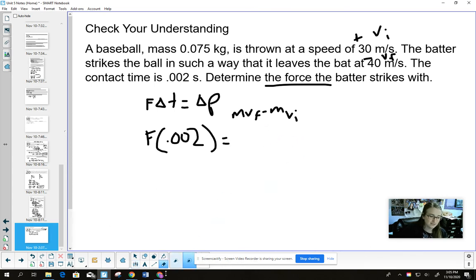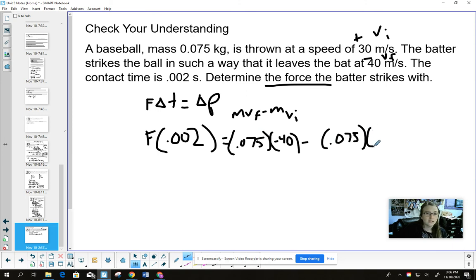Let me just redo all of this. So we have 0.075 for the mass times its final velocity, negative 40, minus the mass, 0.075, times its initial, 30. So we got 0.075 times 40 plus 0.075 times 30. So we should get a change in momentum of negative 5.25.